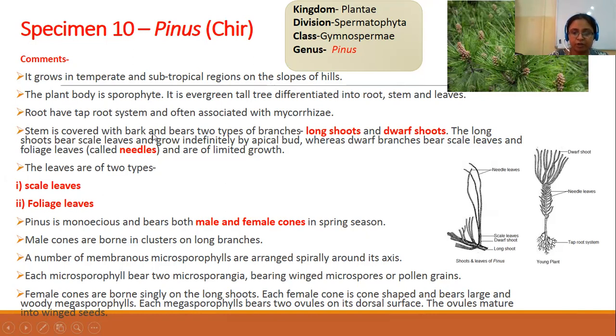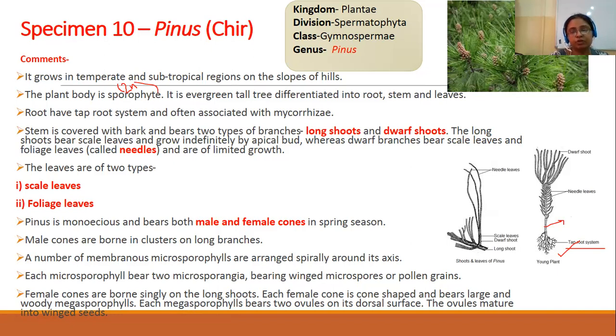Since the main plant body, the sporophyte, is well developed and advanced, it is well differentiated into true root, stem, and leaves. A tap root system is found, and the stem is also well developed, and the leaves are also well developed. The leaves are modified into needles.